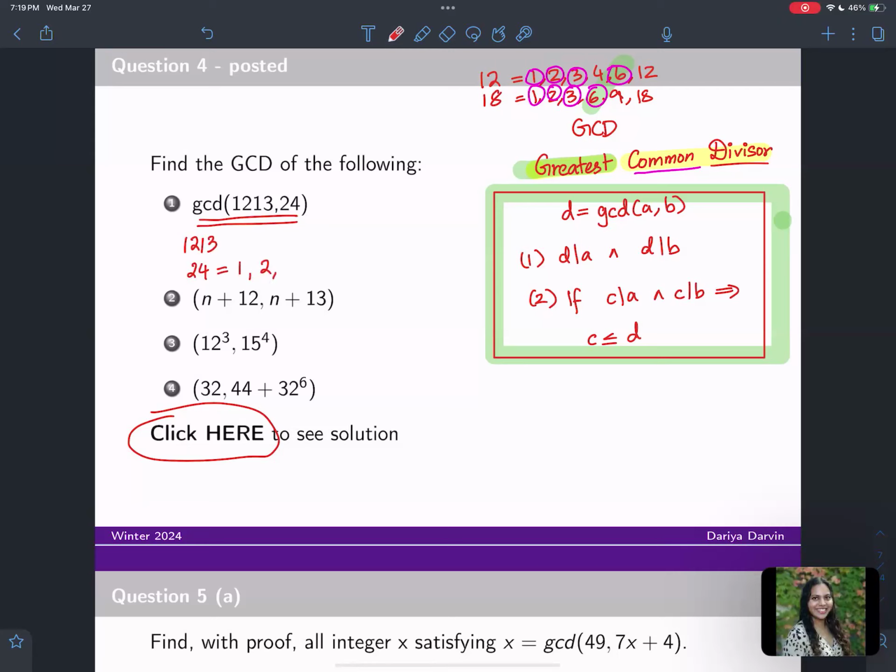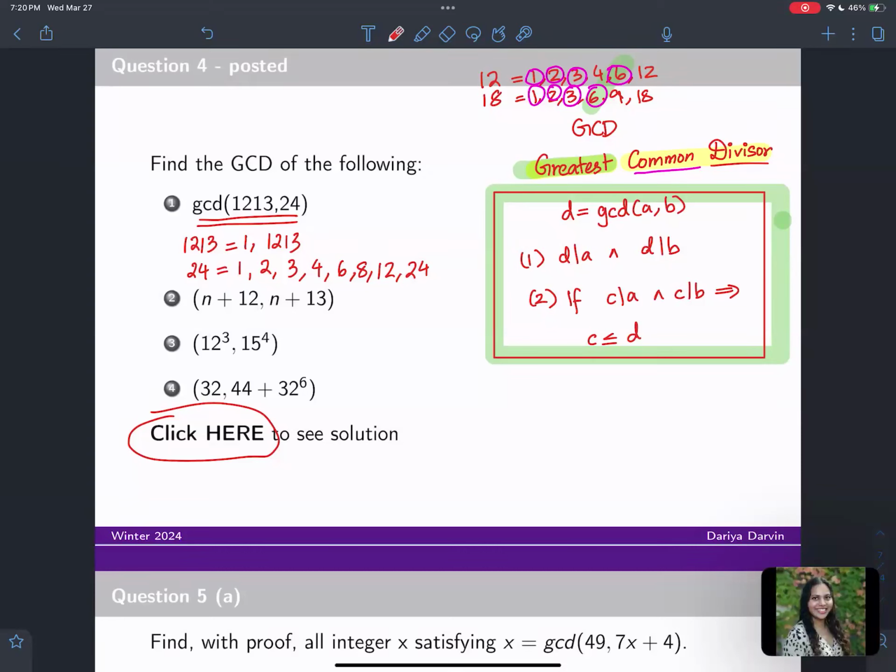The divisors are 1, 2, 3, 4, 6, 8, 12, 24. And this is a prime number. What's the GCD for this? 1.